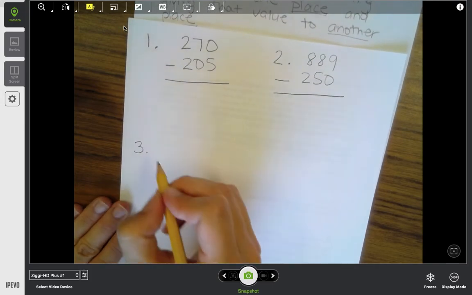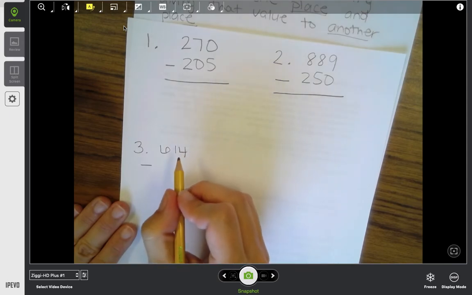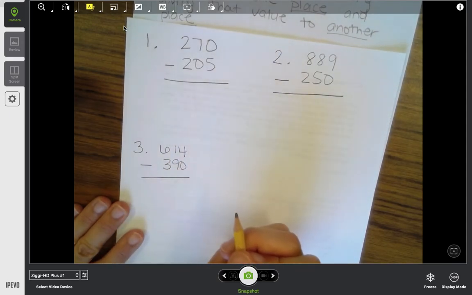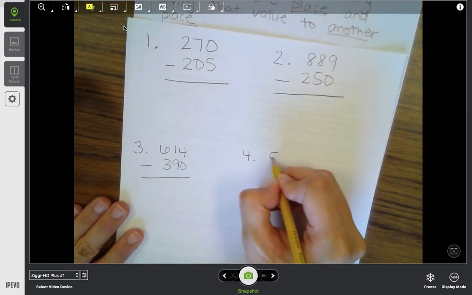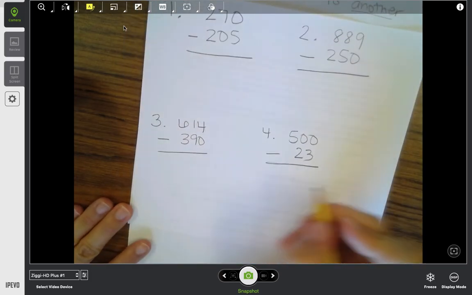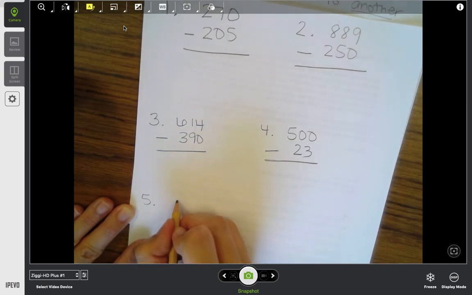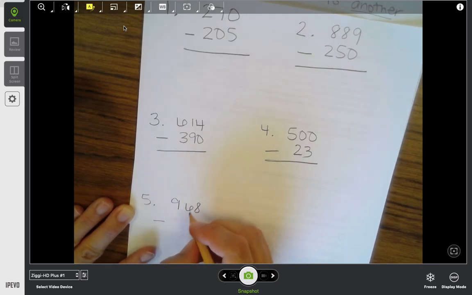Number 3, 614 minus 390. Number 4, 500 minus 23. And number 5, let's do 968 minus 76.